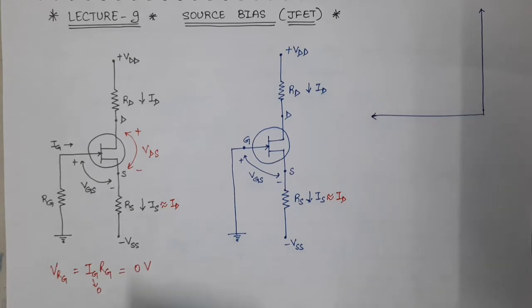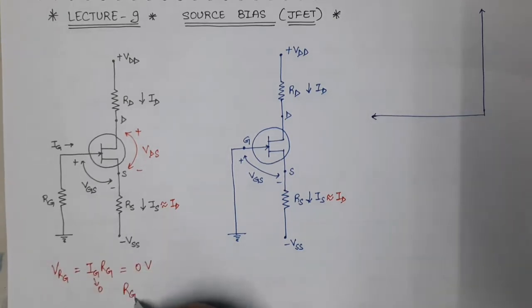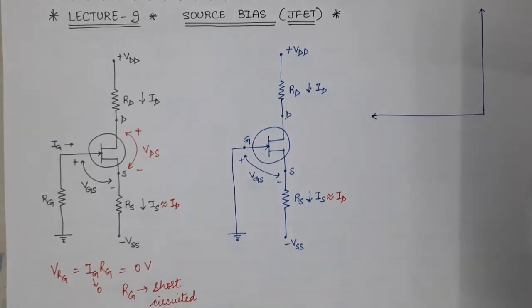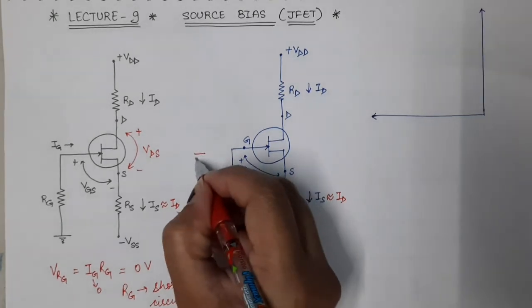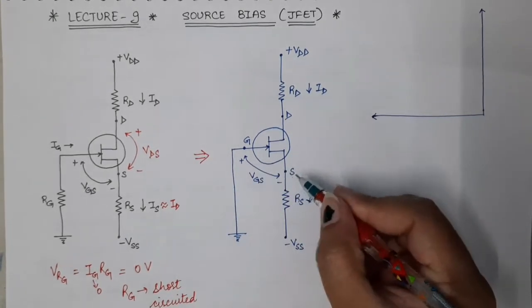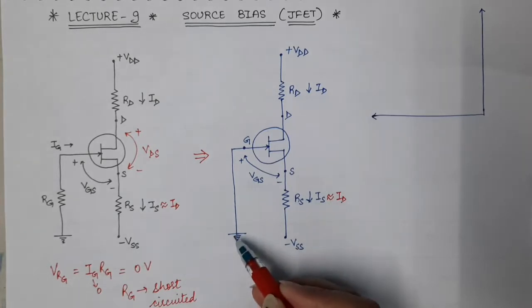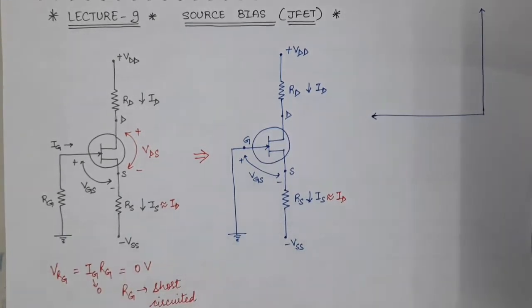It means this gate resistor will behave like short circuited. So that is why in figure number 2, we have short circuited this gate resistor Rg.